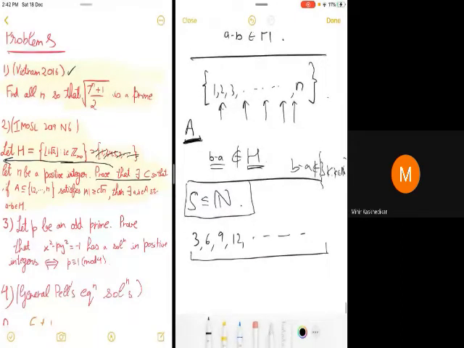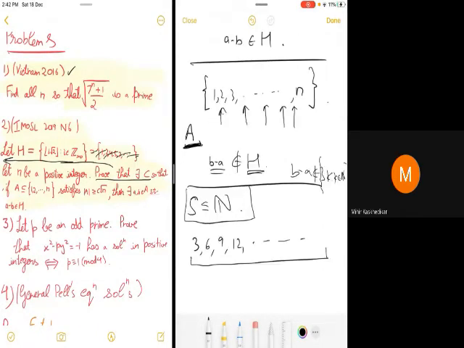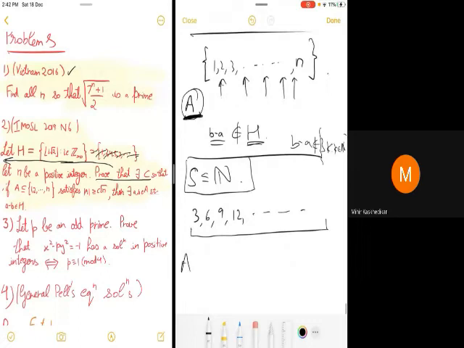How many elements can A have at most such that B minus A isn't a multiple of 3? Three. So it can have at most 3 elements.